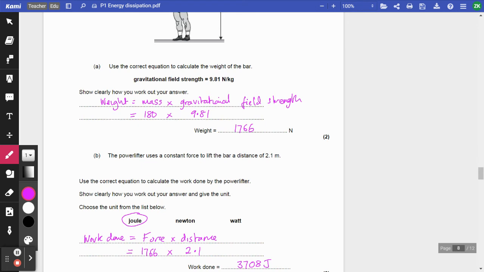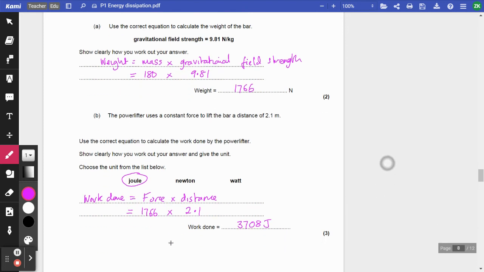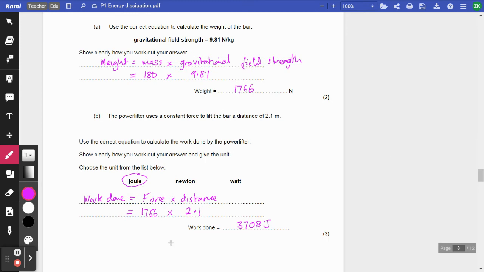The power lifter uses a constant force to lift the bar a distance of 2.1. So here comes that distance. Use the correct equation to calculate the work done by the power lifter. What's the formula for work done? Work done is force multiplied by distance. The distance is 2.1 meters, so I've written 2.1 underneath that.